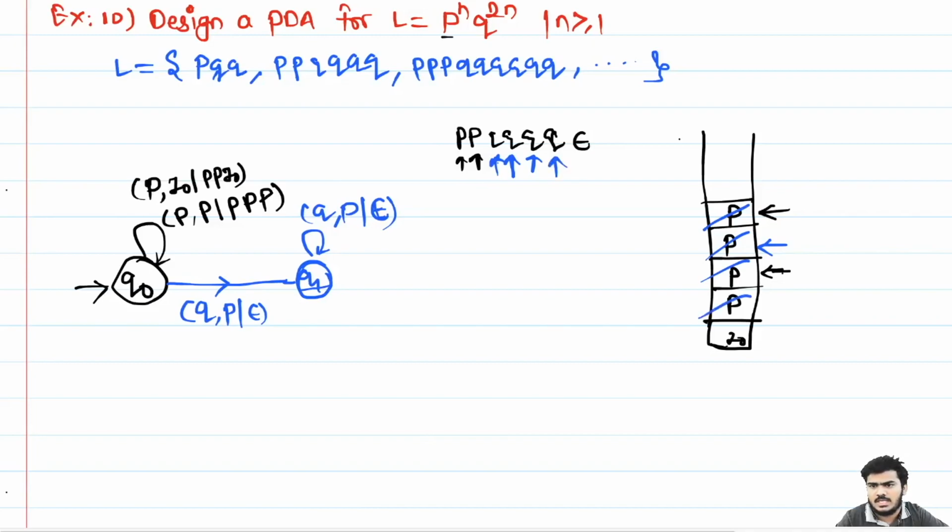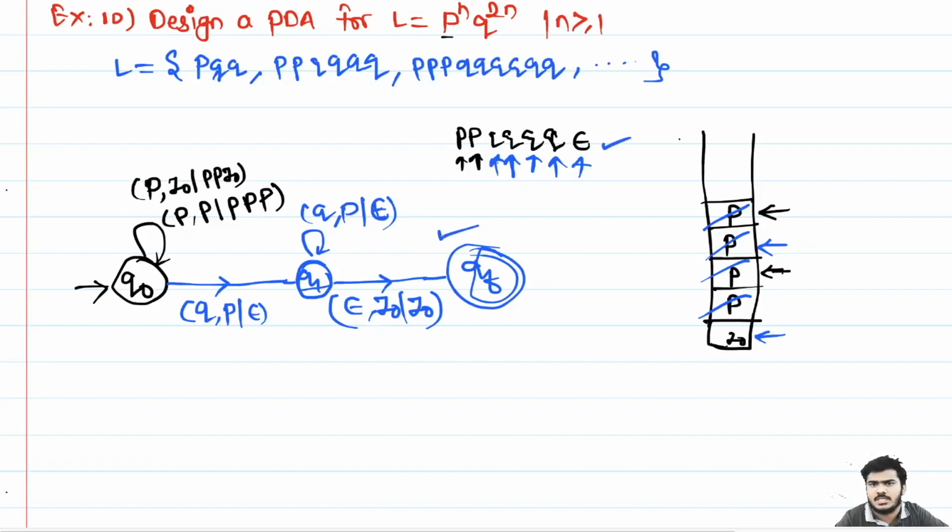Now the stack contains nothing except Z0 and I am left with only epsilon as input. Whenever epsilon is the input and the top of the stack is Z0, I keep Z0 as it is and move to the final state, qf. After reaching that state, the string is accepted by this PDA, so this is the PDA for this language.